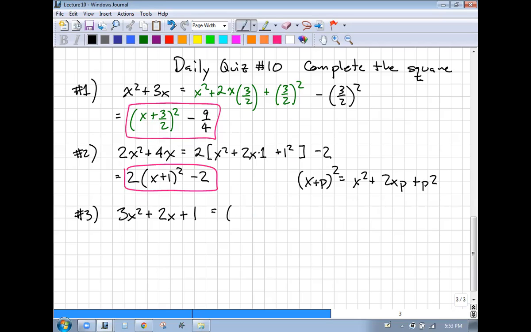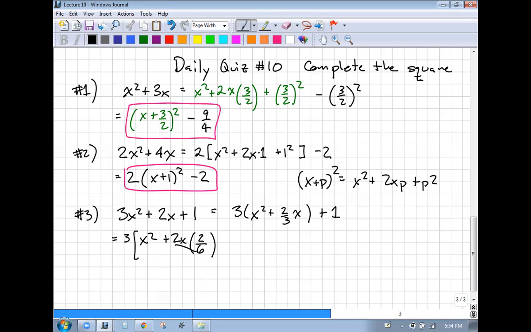So this is 3 times x squared plus 2/3 x plus 1. So first thing I did was factor out the 3. So now let's rewrite this as 2x times something. It would have to be times 2/6.